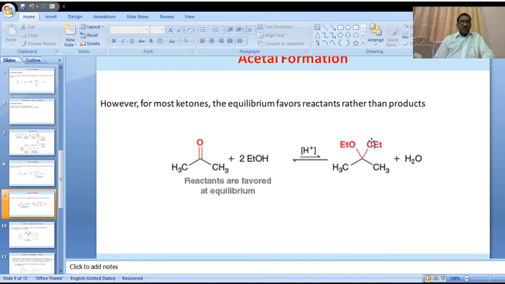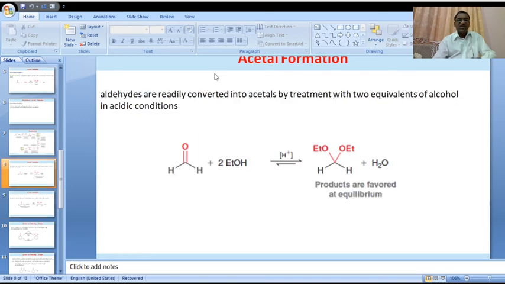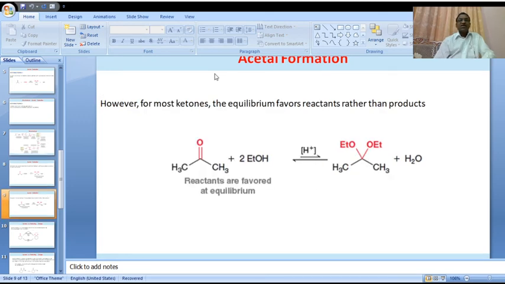However, for most ketones, the equilibrium favors reactants rather than the products. Just now we discussed the last reaction with formaldehyde; instead of formaldehyde here we are using acetone.